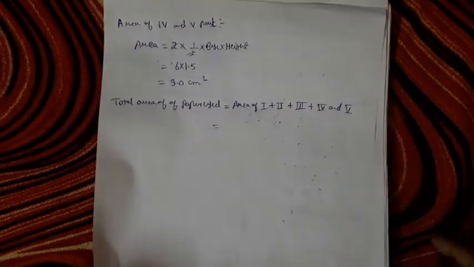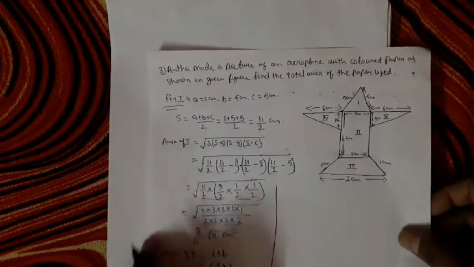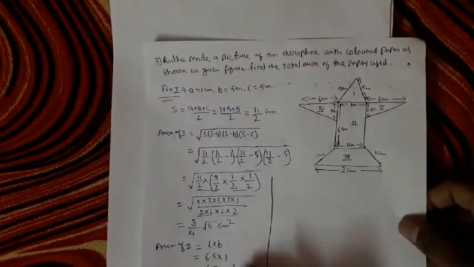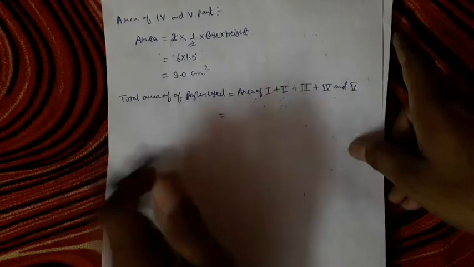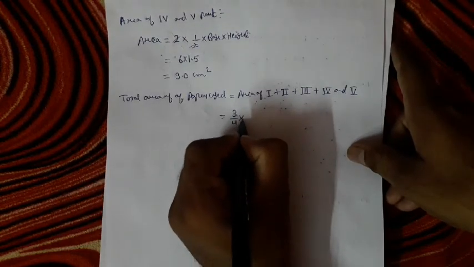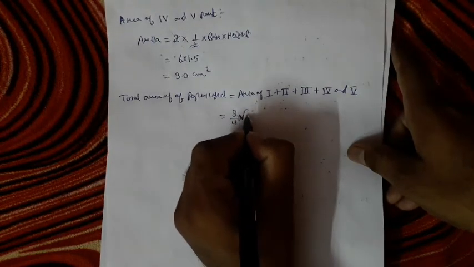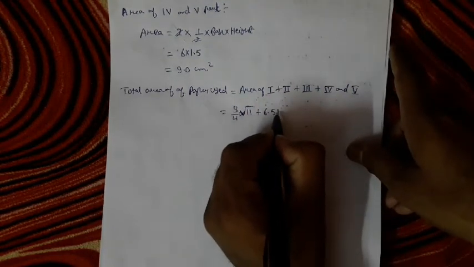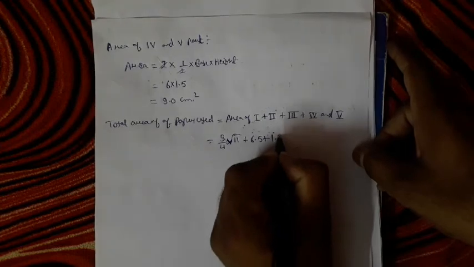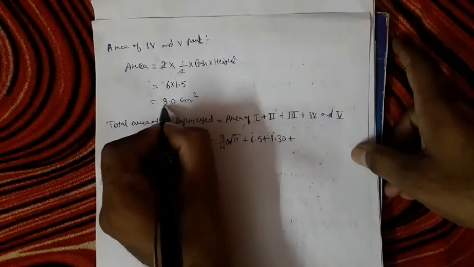The area of the first part was 3 by 4 into root 11, plus the area of the second, 6.5, plus the area of the third part, 1.30, plus the area of fourth and fifth together, 9 centimeter square.